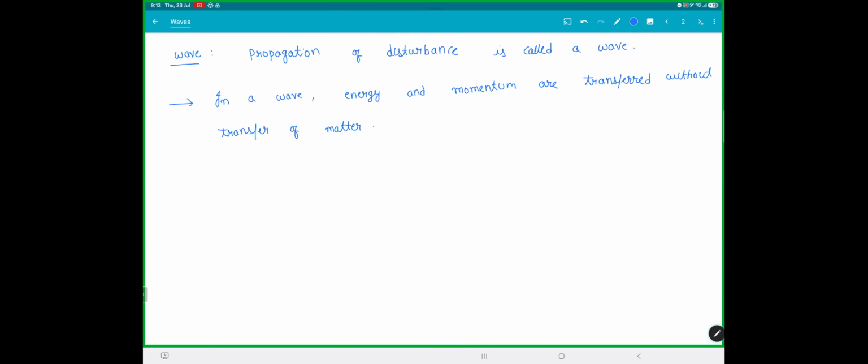So now waves can be classified based on the medium into two types: mechanical waves and non-mechanical waves.